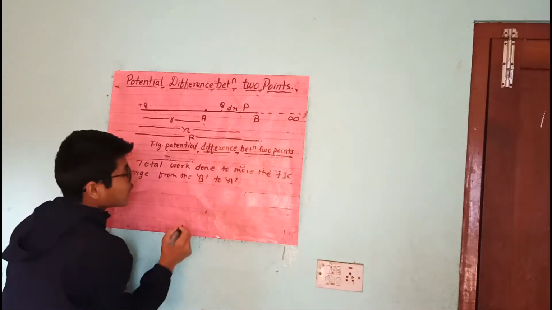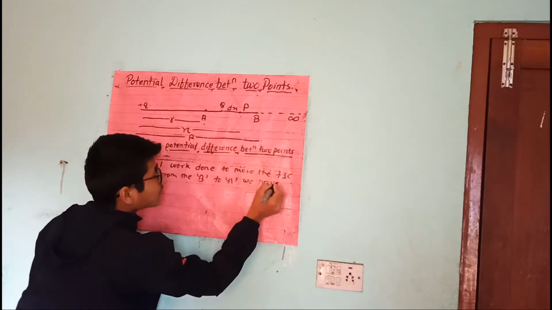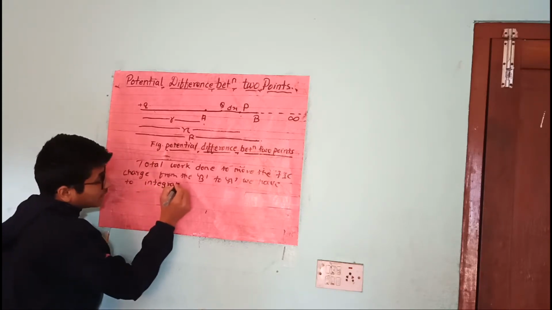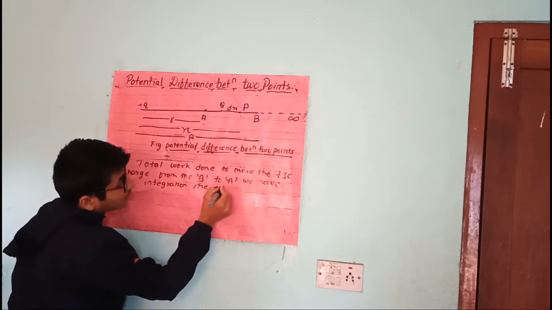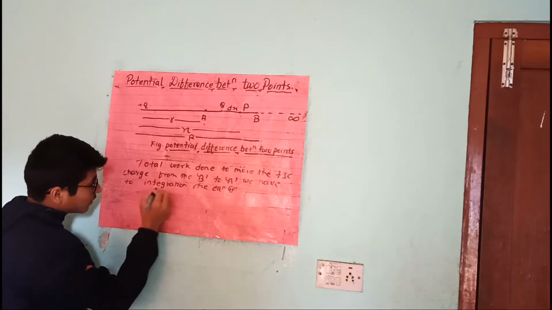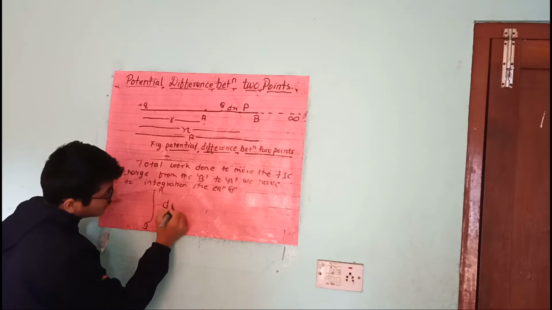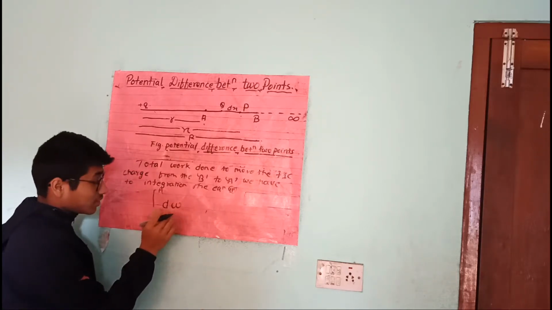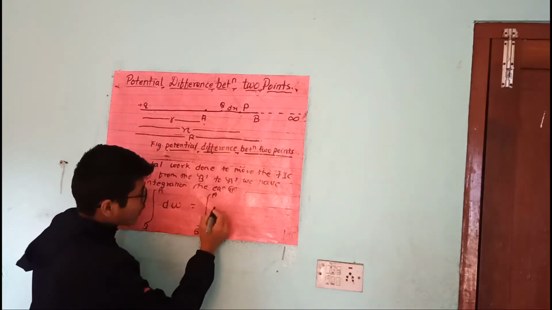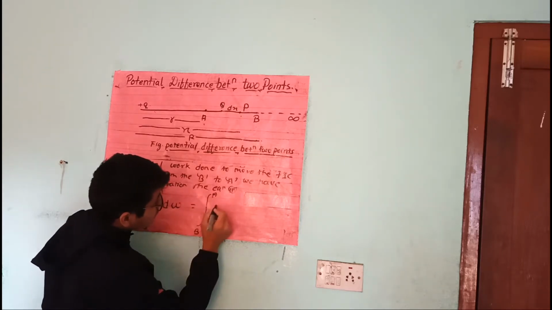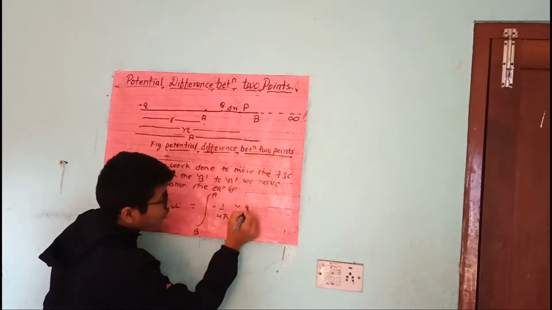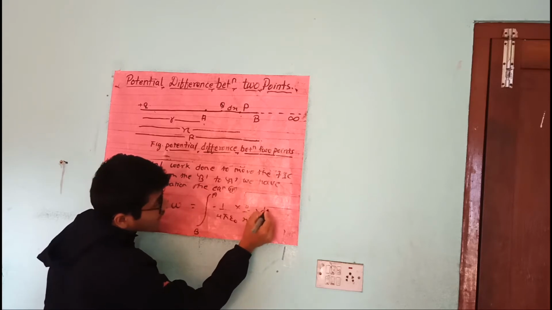we have to integrate equation third. We have to do integration of equation third to get the total amount of work done from B to A. The work is done in small amounts, so we have written it from B to A. The force is minus 1 upon 4 pi epsilon naught into q upon x square into dx.